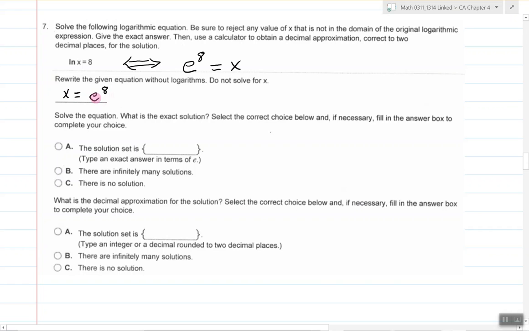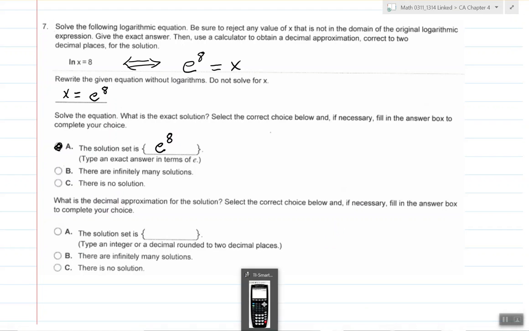All right, the solution is, before I approximate it, it is e to the 8th. Remember, e is just a number. It's about 2.7. Now it wants a decimal approximation.